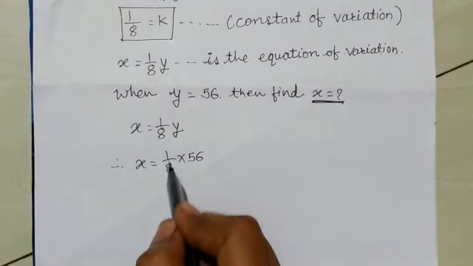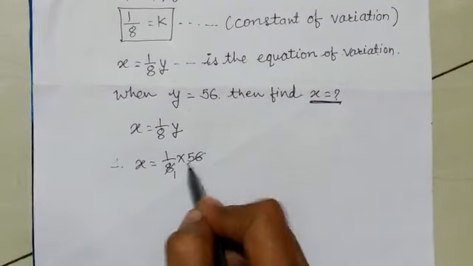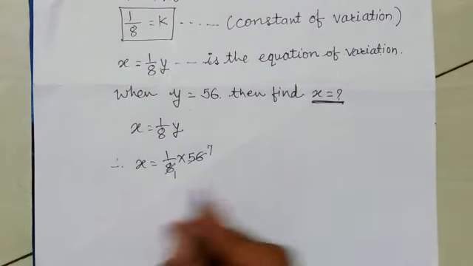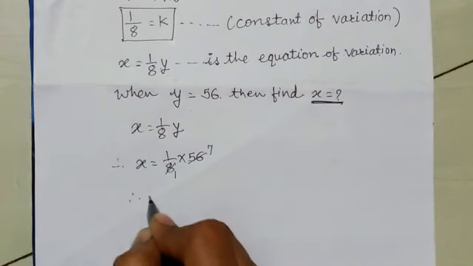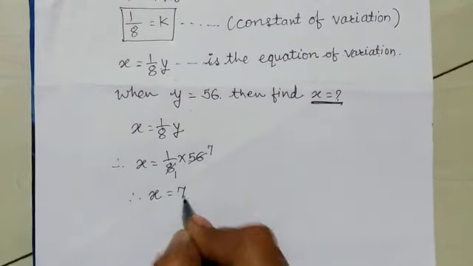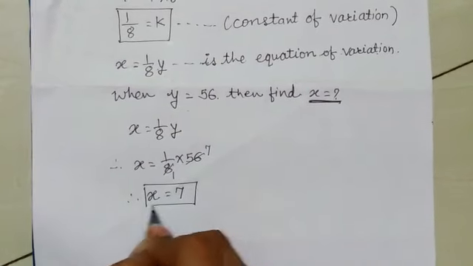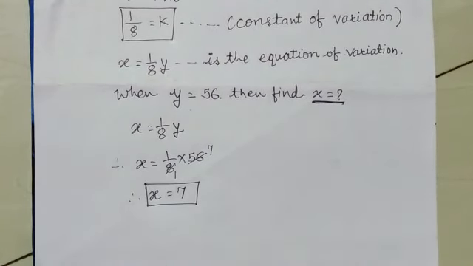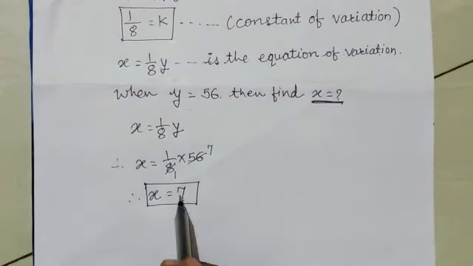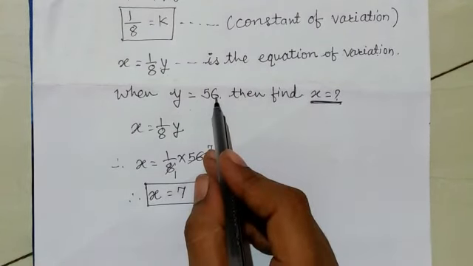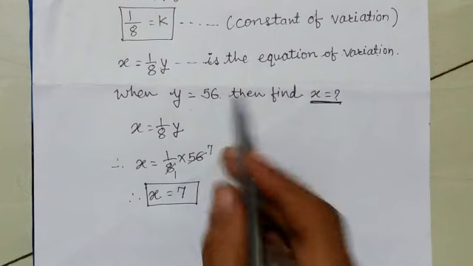As we know the table of 8, 8 ones are 8, 8 sevens are 56. Therefore x is equal to 7. This is the answer of our first bracket. It means that the cost of 7 apples is 56, which we are going to write later in the table.